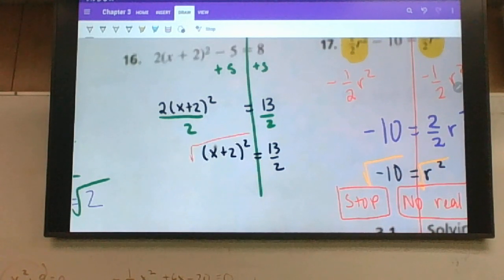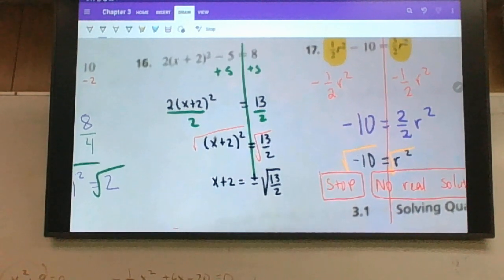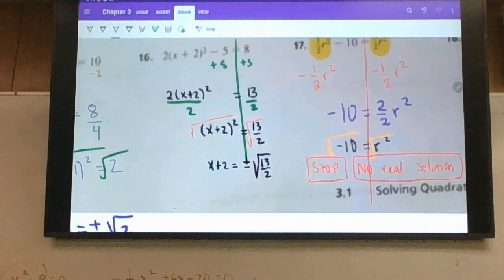Now I square root both sides. Am I going too fast? No, I'm a little bit stressed out about this square root right now. I know I can't leave it there, but before I address it, I'm going to finish my problem and minus the 2 to the other side of the equal sign.